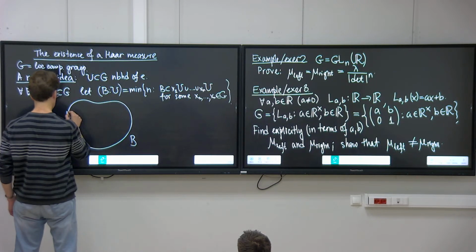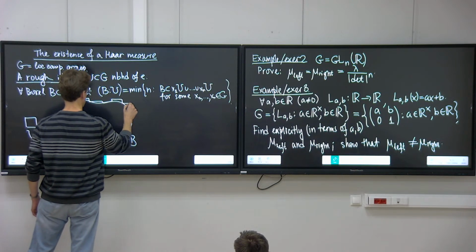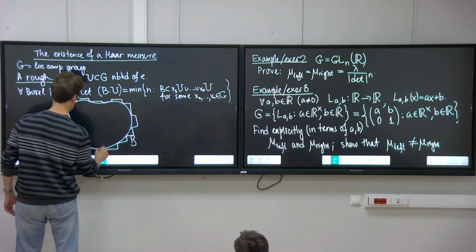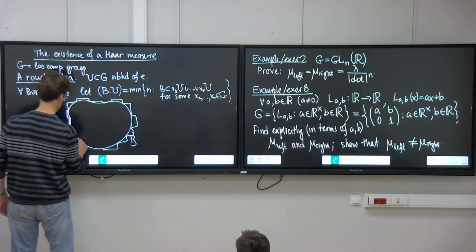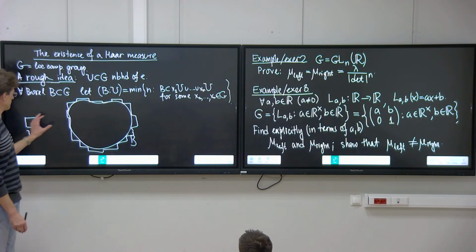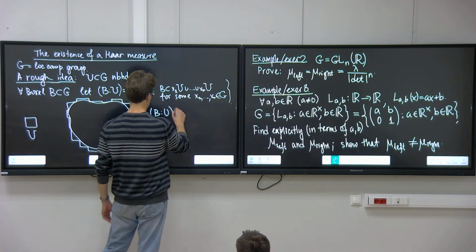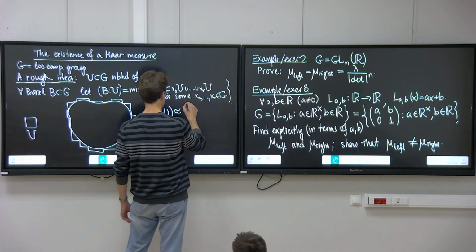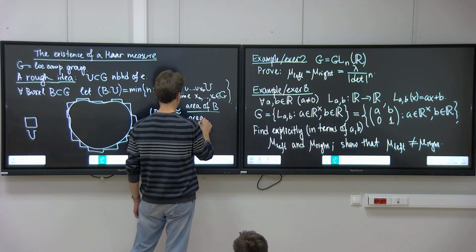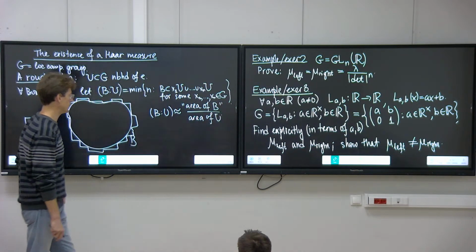So I must draw something like a bigger set, which is the union of finitely many translates of U but contains B. And the picture shows that if U is small enough, then this number is a good approximation to the area of B divided by the area of U, whatever this means. At least this looks like something reasonable if we are in the plane.